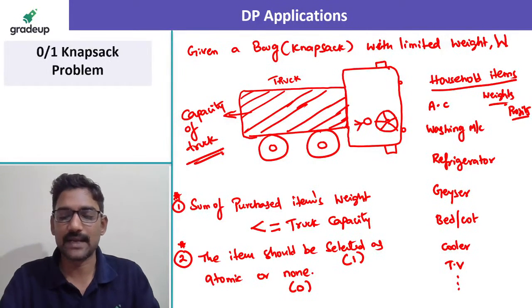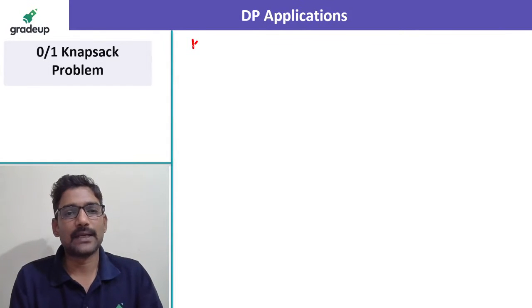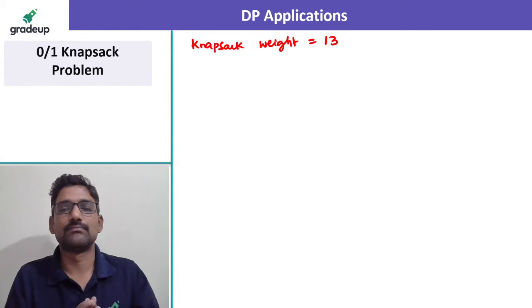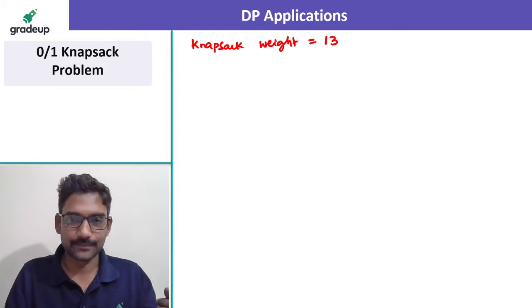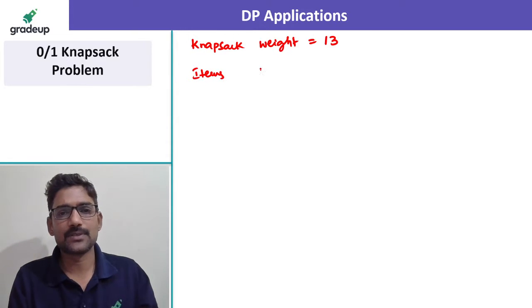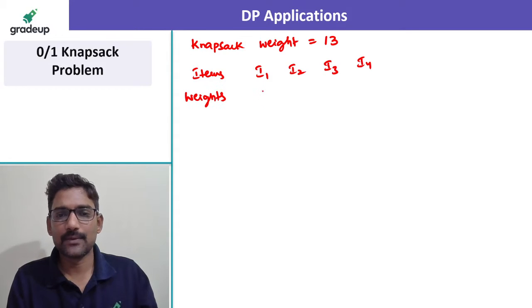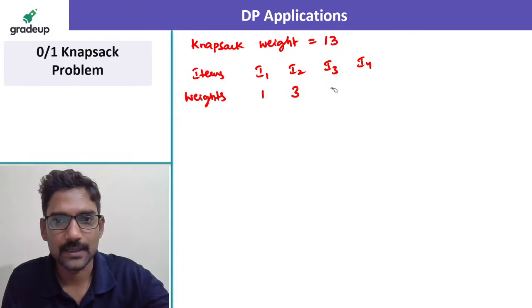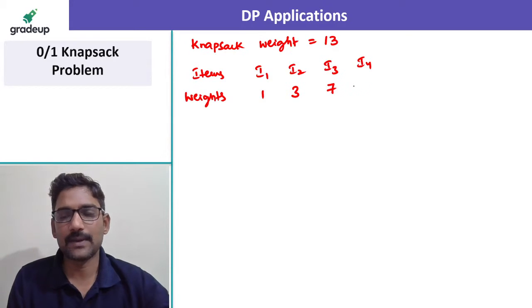Now, let's see an algorithm-oriented example instead of a real-time example. Suppose the knapsack weight is given as 13, say 13 kg or 13 liters in some unit, and you are given items I1, I2, I3, I4 with their weights 1, 3, 7 and 9.